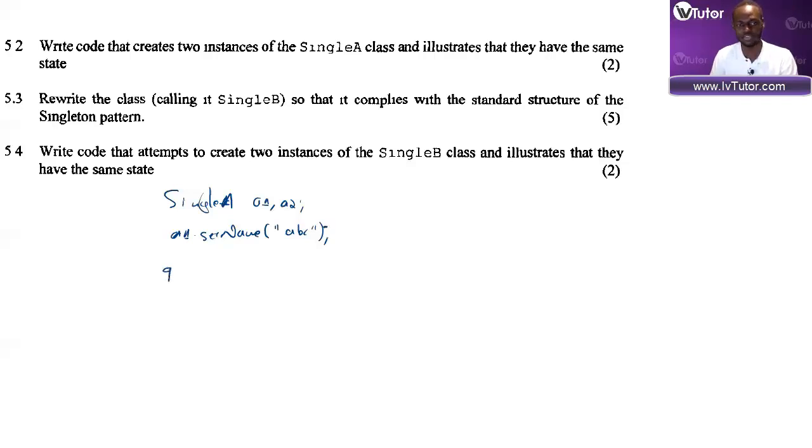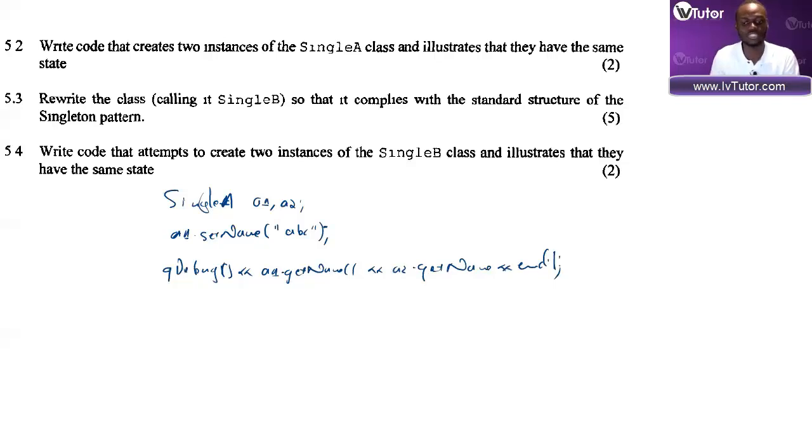So if I do something like qDebug here, and I go A1 dot getName, and I go A2 dot getName, I just need to show that they both have the same value. So I can then say this statement will display ABC for both A1 and A2 because it's a static variable.